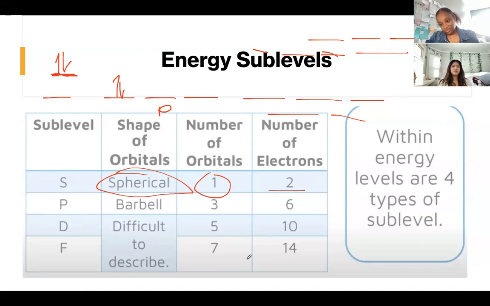So the number of orbitals, which are the dashes, or the grouping: S is one dash, P is 3 dashes, D is 5 dashes, and F is 7 dashes. And the number of electrons is the amount of arrows going up and down. Exactly. So you can literally multiply the orbitals by 2 and you get all the electrons.